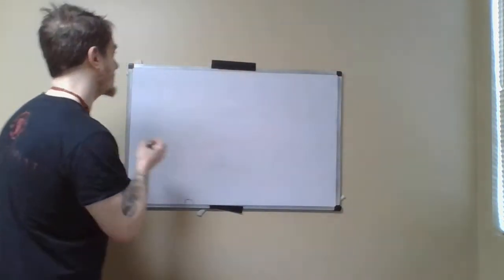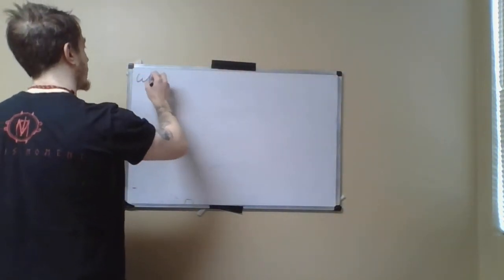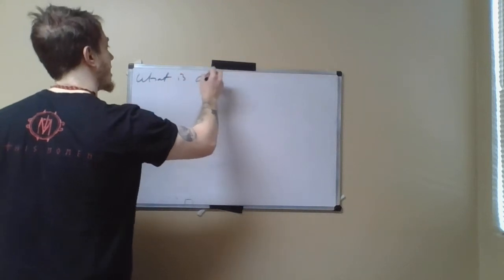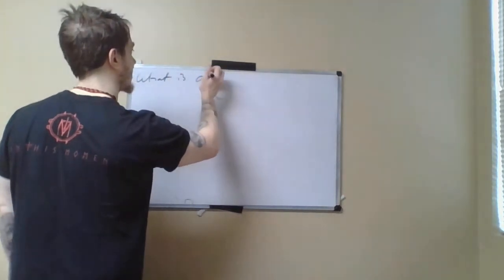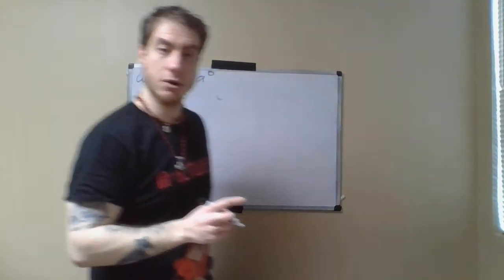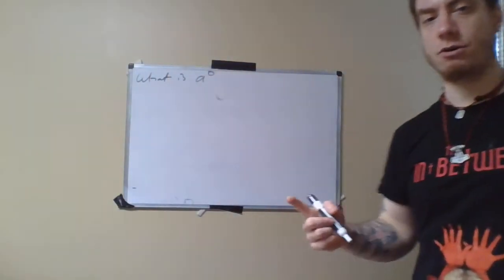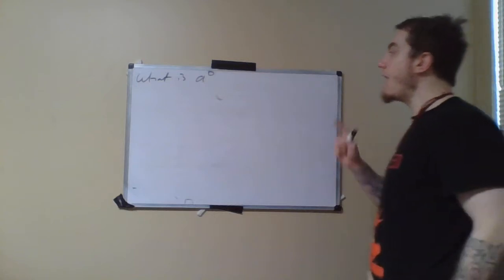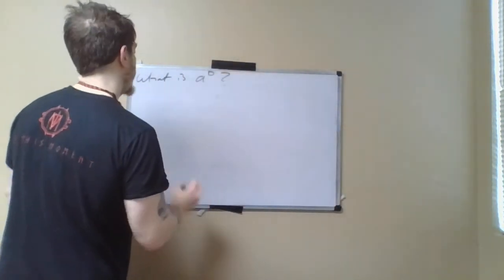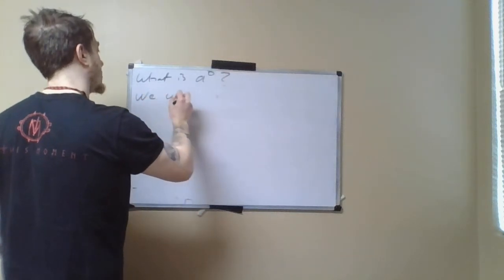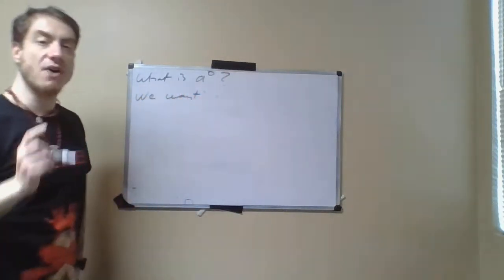I need to be able to define what is a to the 0. Now, most of you probably already know what a to the 0 is, but I'm going to tell you why we define it the way that we do. Well, the answer is we want to have the following property.